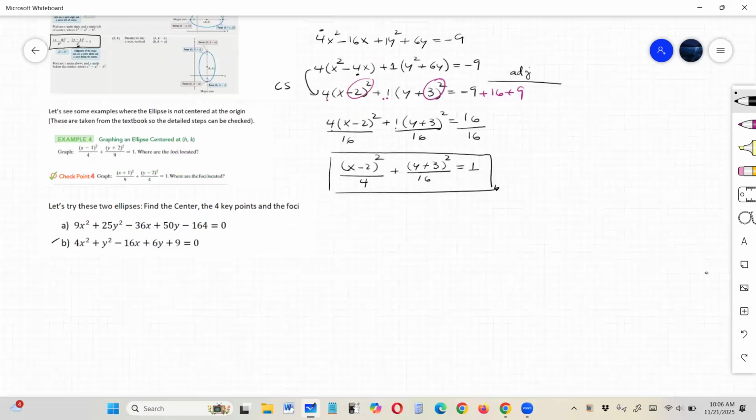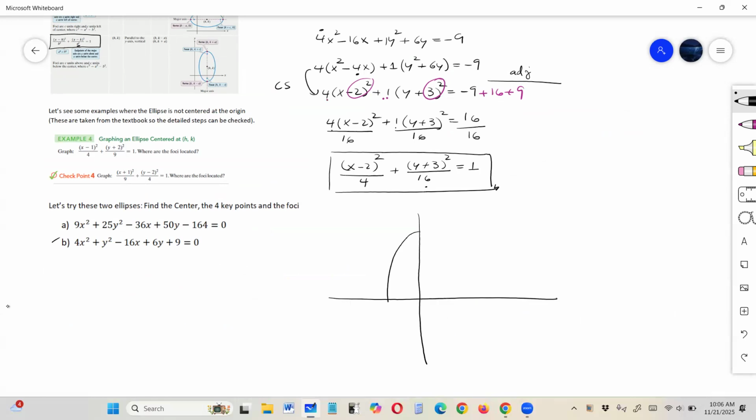Just make it a little bit smaller so we can fit everything in here. Now, I look at this thing and recognize it as an ellipse. And because the denominator of the y component is bigger, this is an ellipse sitting on the y-axis. Okay, so this is what it is.